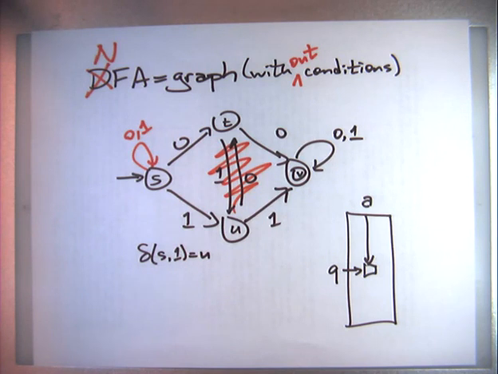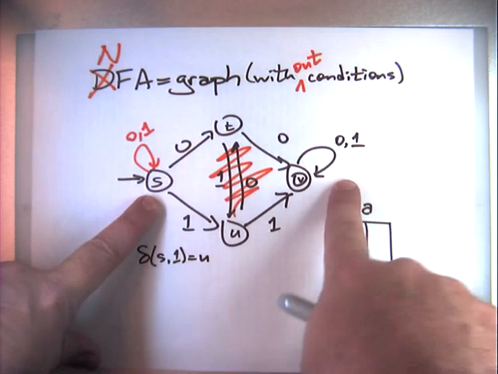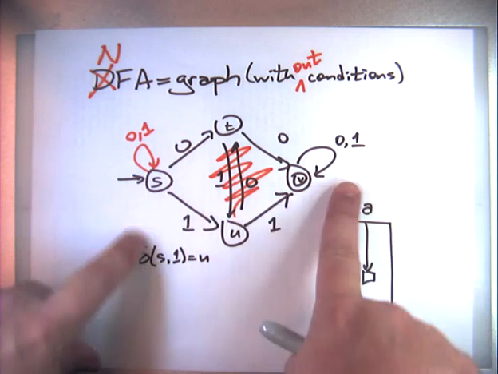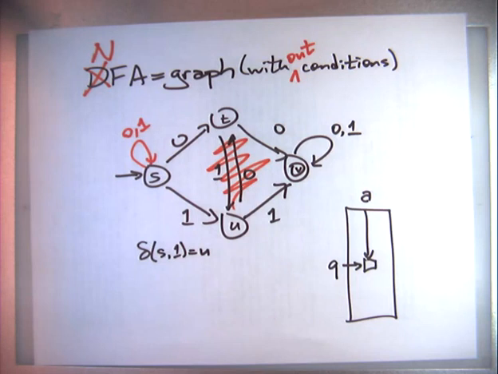If I want to know whether this NFA accepts anything, what I'm really asking is: is it possible to get from S to an accepting state by following transitions? In other words, is it possible to get from node S to one of the accepting nodes by following a sequence of edges? If the graph were undirected, I would say, is S in the same component as some accepting state?